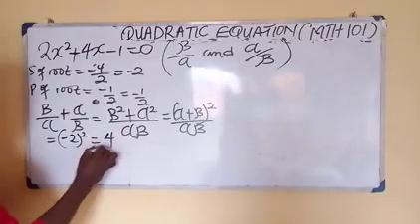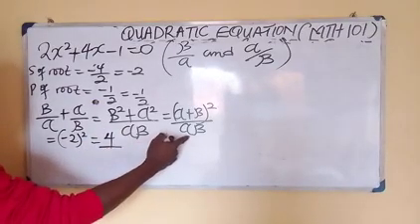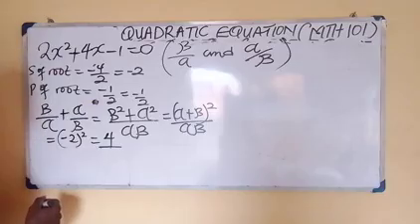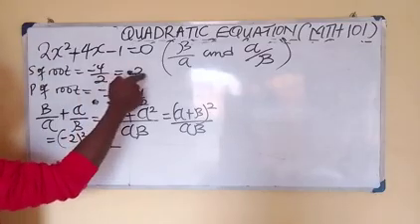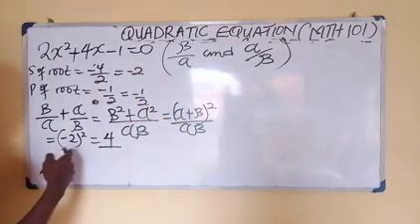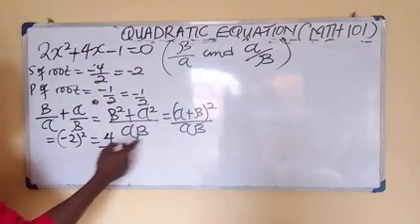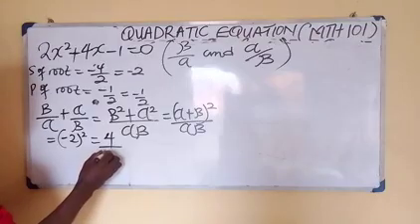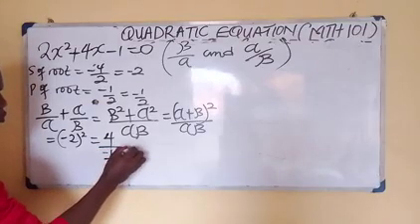Then over the product of roots. Let me go through it again, please. Minus 2, all raised to power 2. The product, that is over this, that is minus 1 over 2.